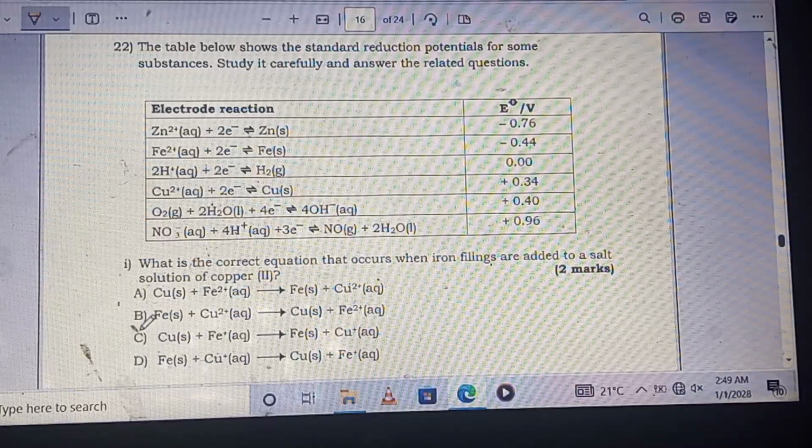The correct answer is letter B. Iron reacts with copper 2 plus to form copper solid and iron 2 plus.